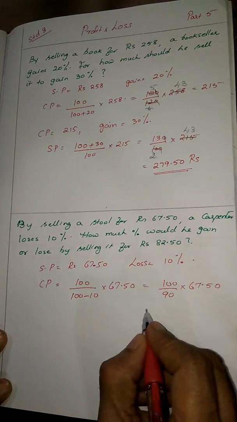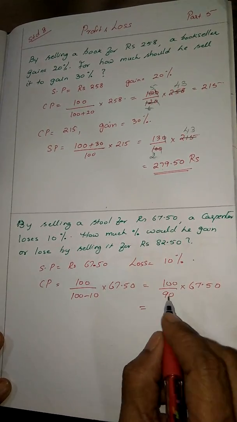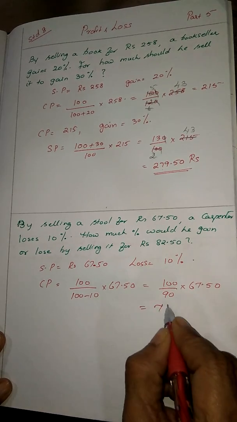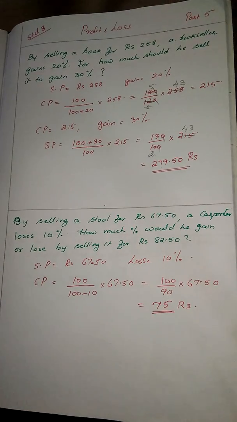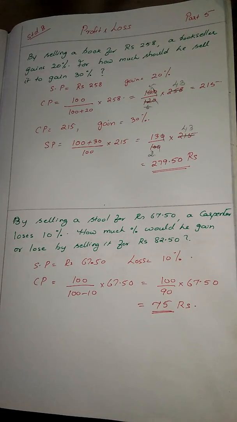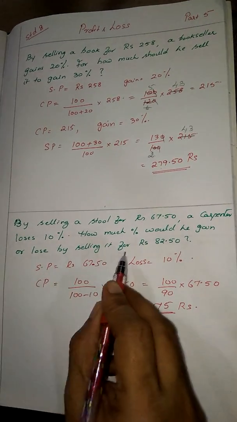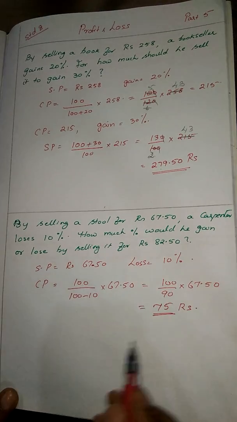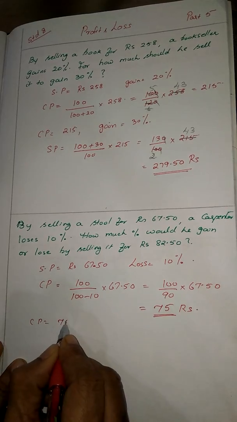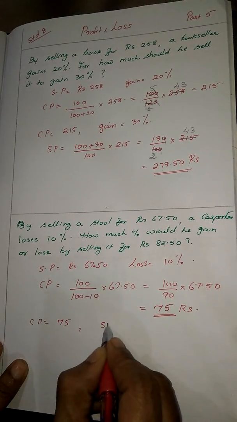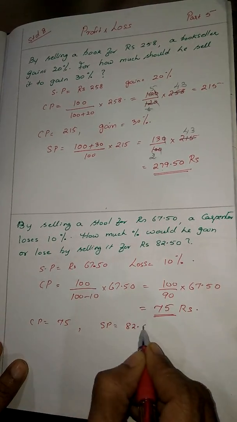If you do the cancellation and simplification, you will get 75 rupees is the cost price. Now how much percentage would he gain or lose by selling it for 82.50? So CP is equal to 75 and SP is equal to 82.5.